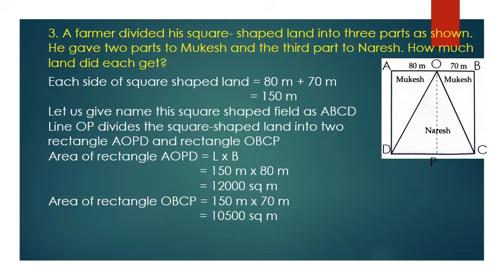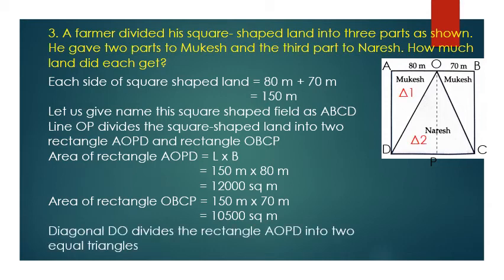Now children, the diagonal DO divides the rectangle AOPD into two equal triangles. As we know, the diagonal of a rectangle divides the rectangle into two halves, right? So, the diagonal DO divides the rectangle AOPD into two equal triangles, triangle 1 and triangle 2.